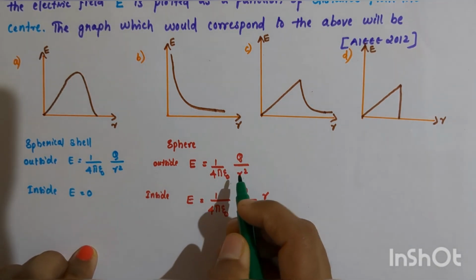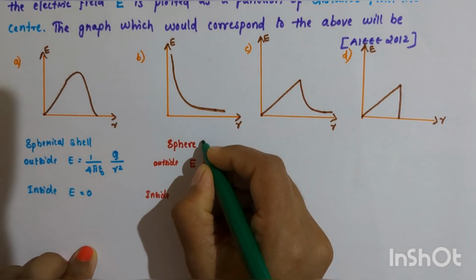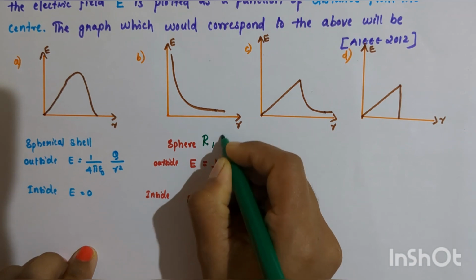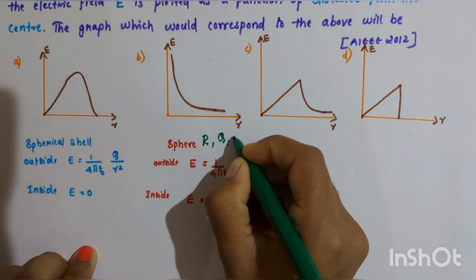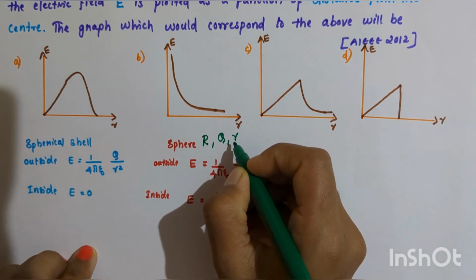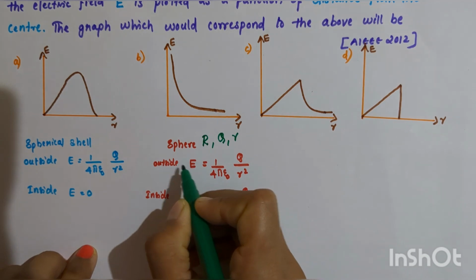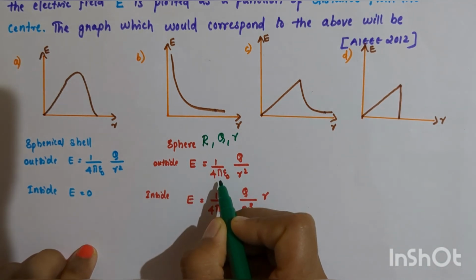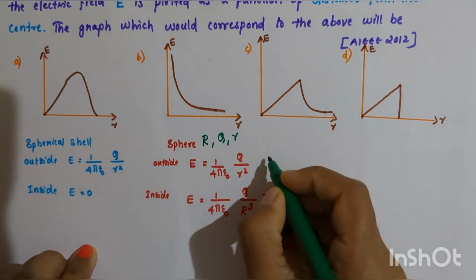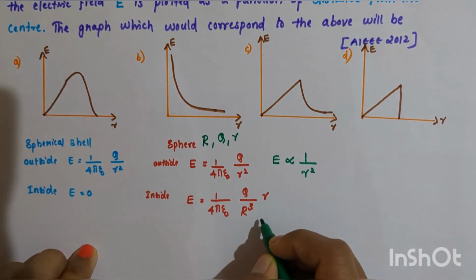The sphere has radius capital R, the charge is capital Q, and the distance from the center to the point we are considering is small letter r. So the electric field outside the sphere is 1 by 4 pi epsilon 0 Q by r square. That is, electric field is proportional to 1 by r square.